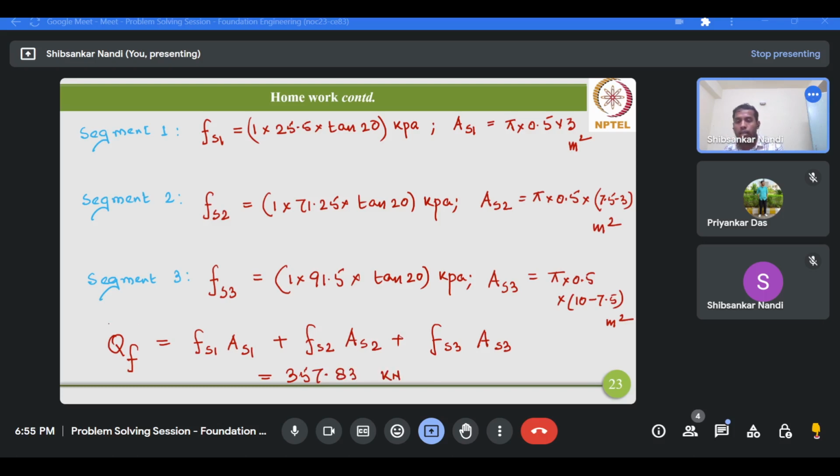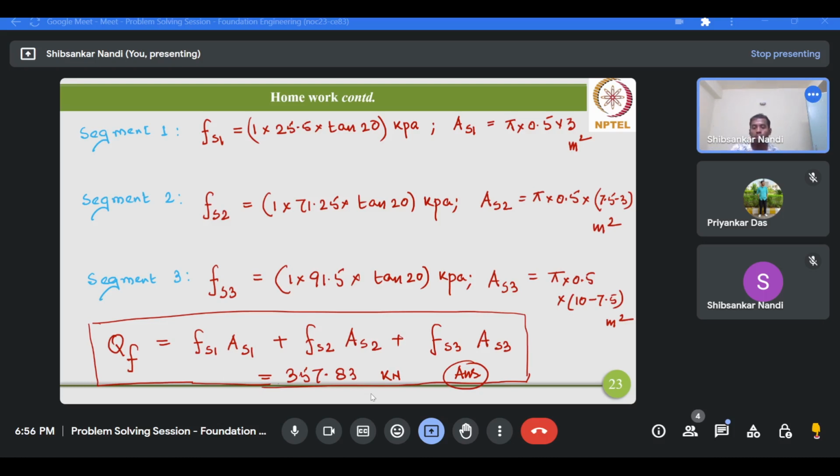So please check whether you are getting the same answer or not. This part I am leaving up to you. To get the answer, you just have to multiply Fs1 with As1, Fs2 with As2, and Fs3 with As3, then add these three components to get the final result.